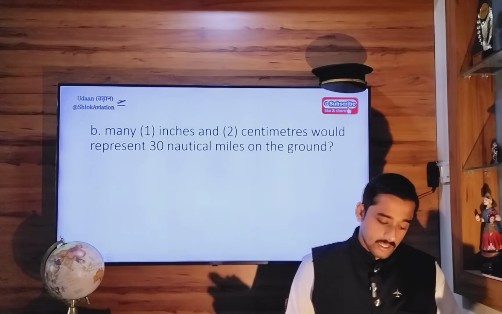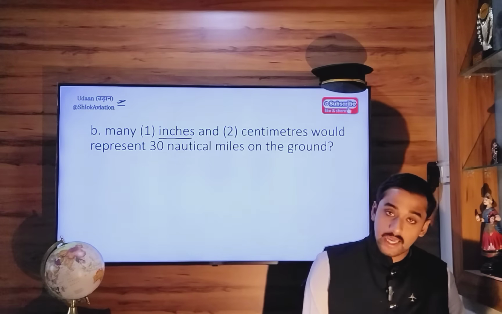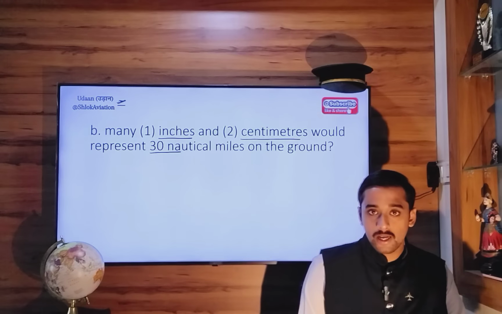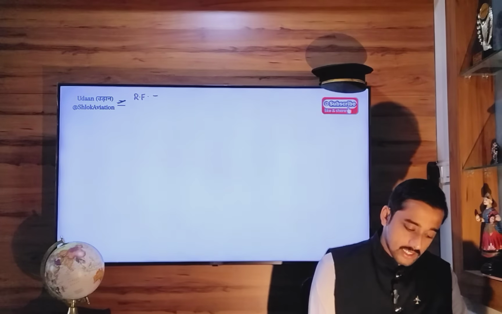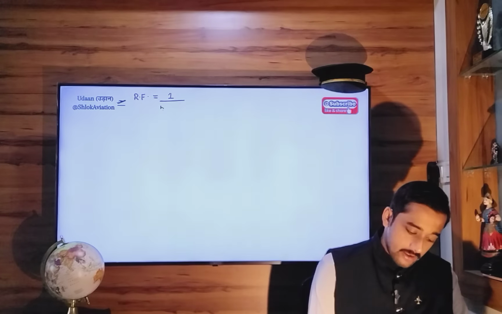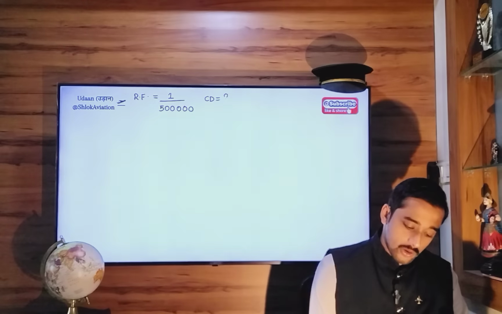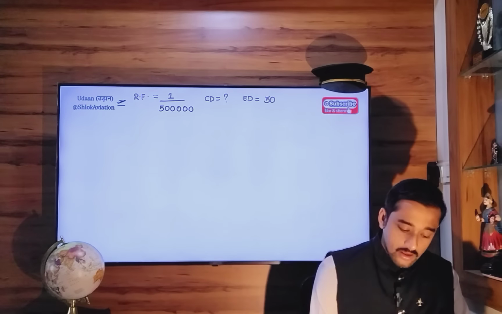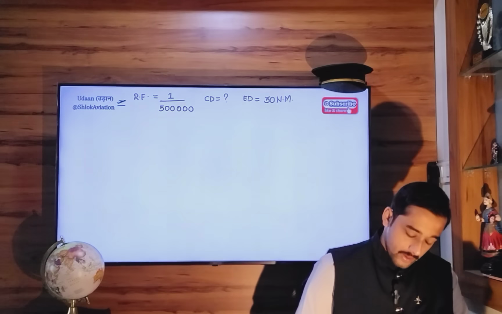Next, a similar question. We want to find chart distance in inches and centimeters when ground distance is 30 nautical miles. So let's write this. Representative fraction is the same, 1 divided by 5 lakh. Chart distance we do not know, whereas earth distance is 30 nautical miles. Previously it was kilometers, now it's 30 nautical miles.